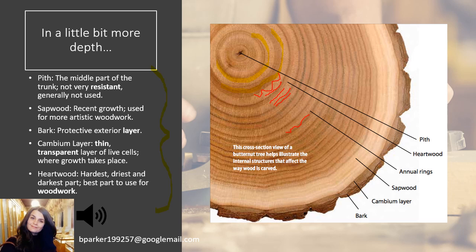So when you get one light ring, which you can see here, this one, plus a darker ring here, this equals 1 year's worth of growth. Excuse my awful writing on the laptop.